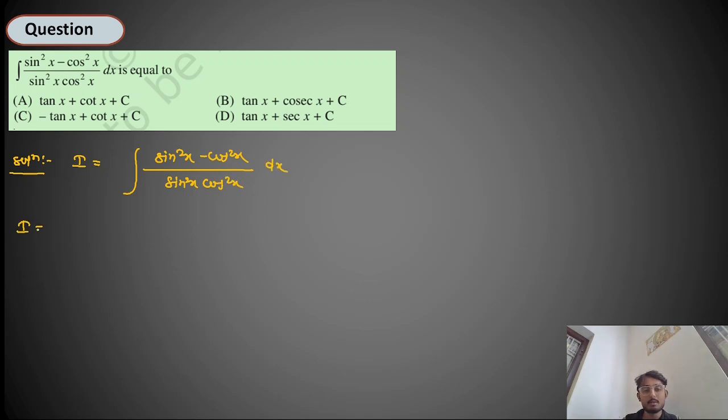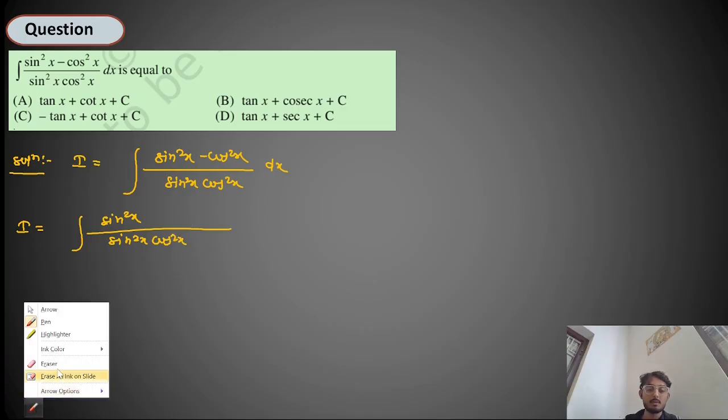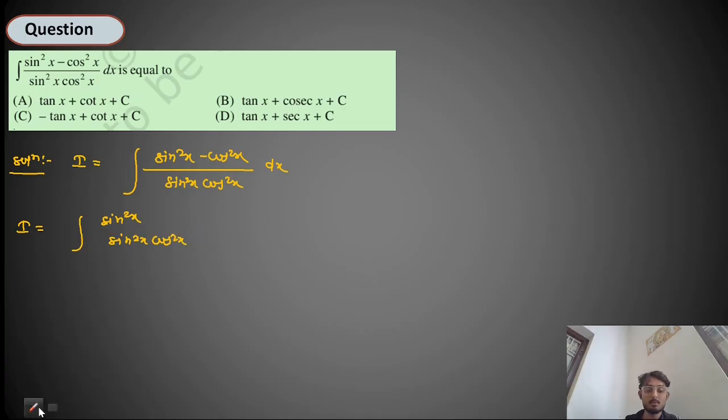You can write as sin square x upon sin square x cos square x, you can separate this term, and then minus cos square x upon sin square x cos square x, and then dx. Here sin square x will be cancelled out from each other. You will get 1 upon cos square x, so 1 upon cos square x equal to sec square x dx.